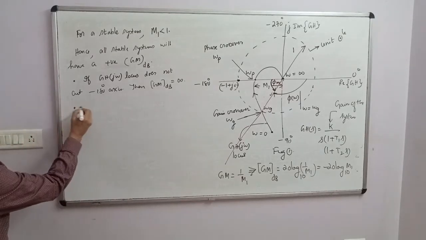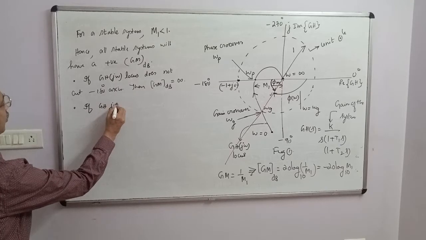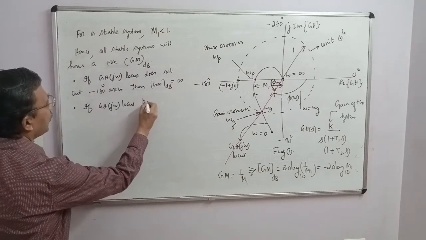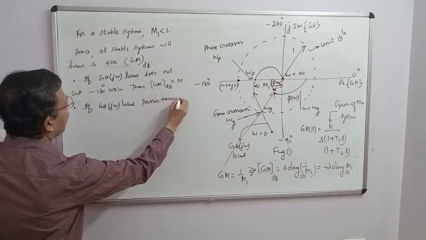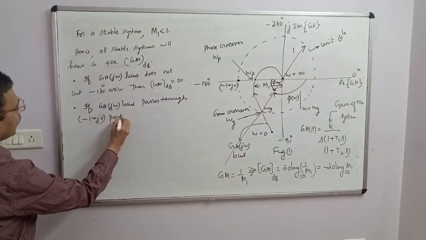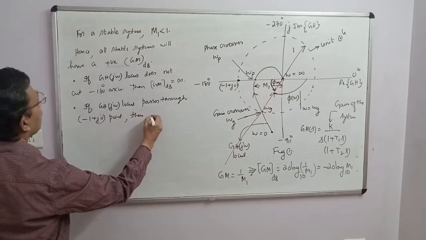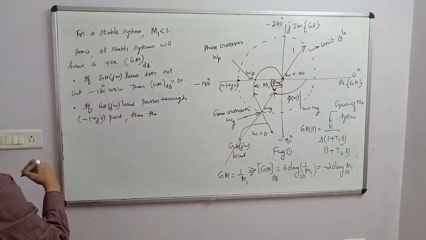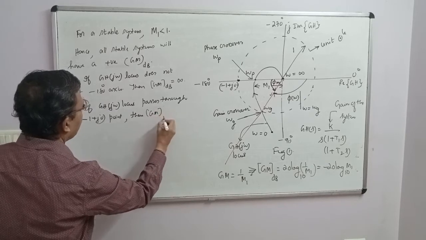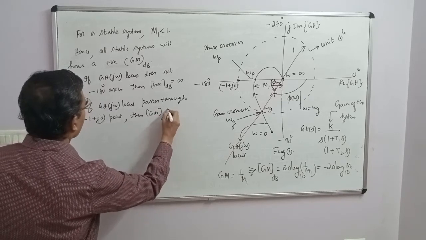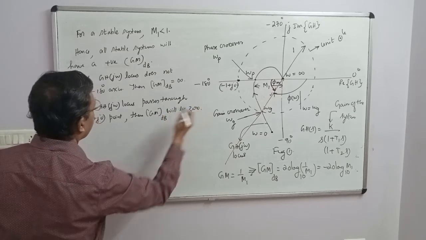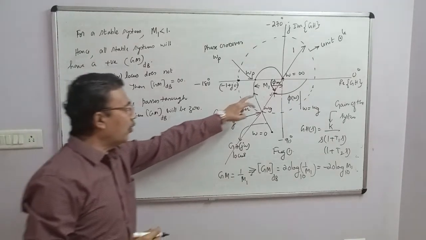Second one. If the GH of j omega locus passes through the minus 1 plus j0 point, then the GM in decibels will be 0, because m1 will be 1.